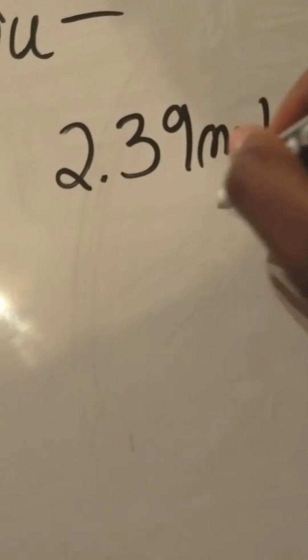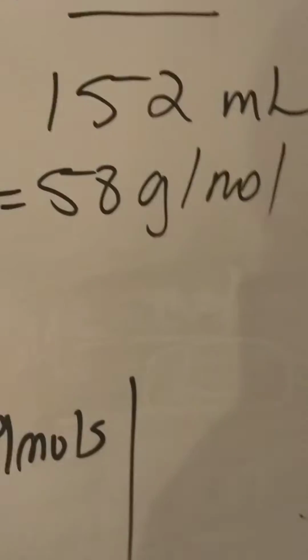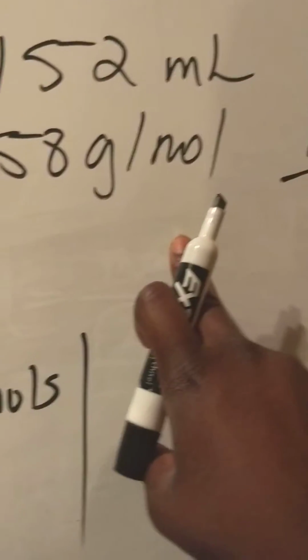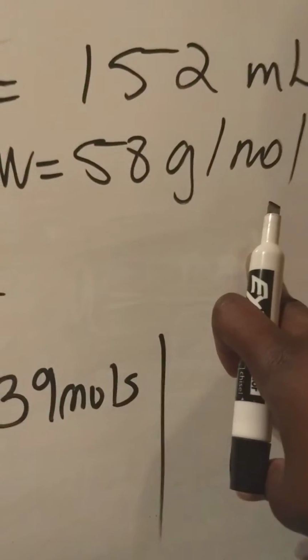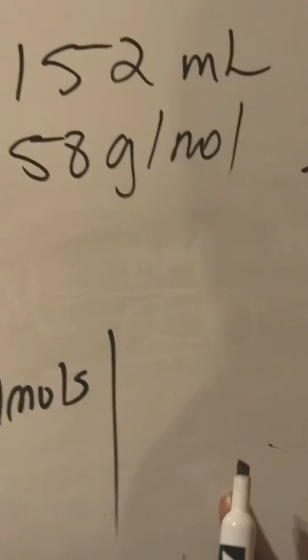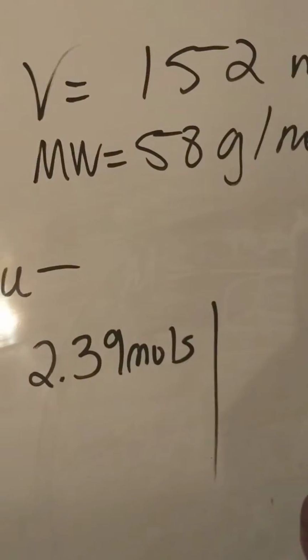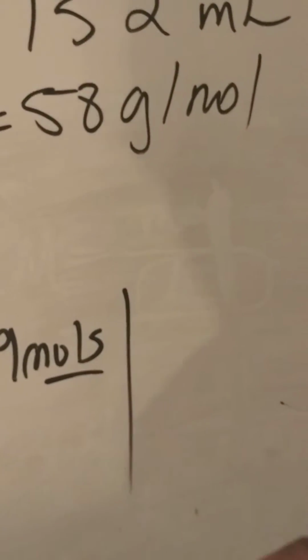We will start with our simplest units, which would be the 2.39 moles. Okay. Now be sure when you take your molecular weight, or really in truth, anytime that you do unit conversion, you make sure your units cancel.